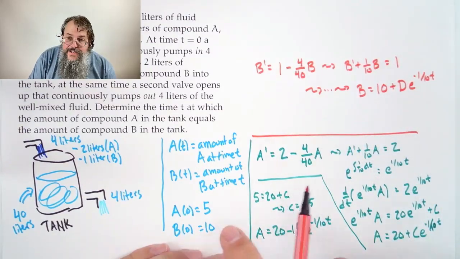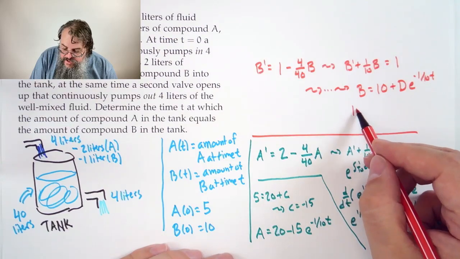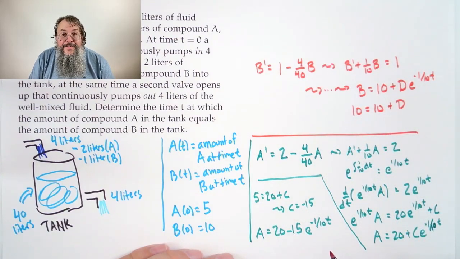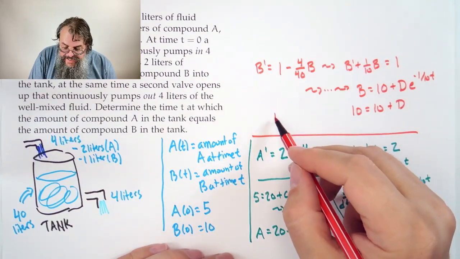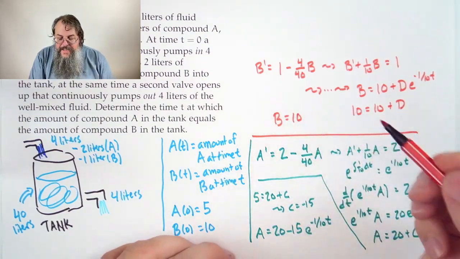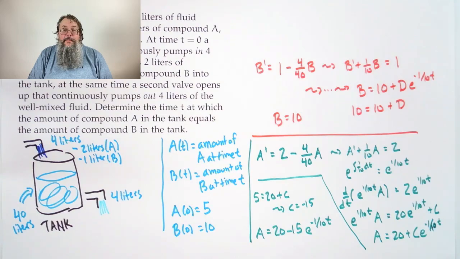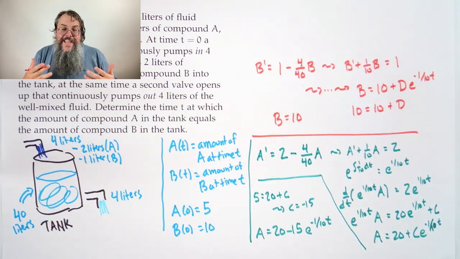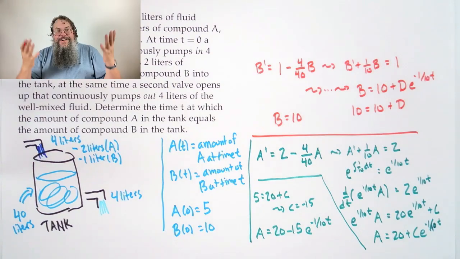Well, we use our initial condition, and we say, well, okay, so 10 should equal 10 plus D. But what do you notice? D is 0. So that says, actually, in the tank, the amount of B never changes. And now that we say that out loud, it's like, well, of course.